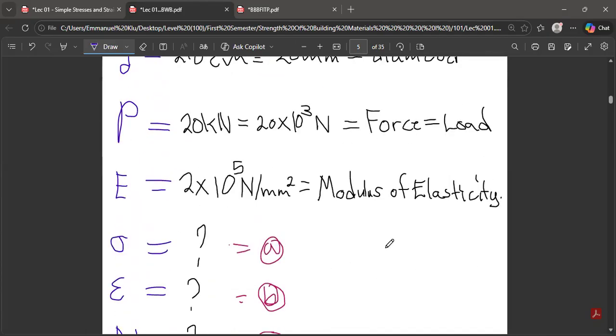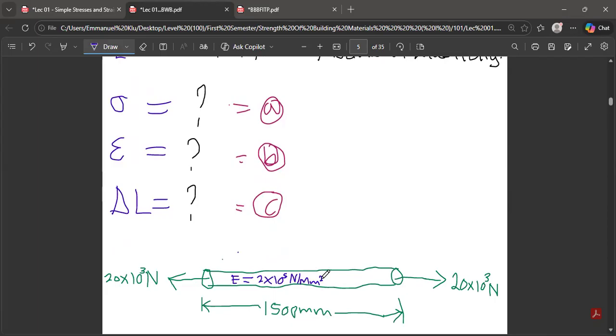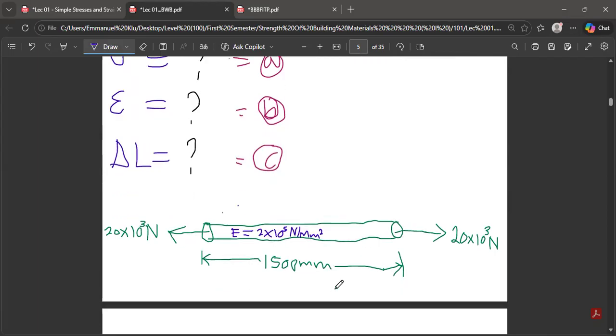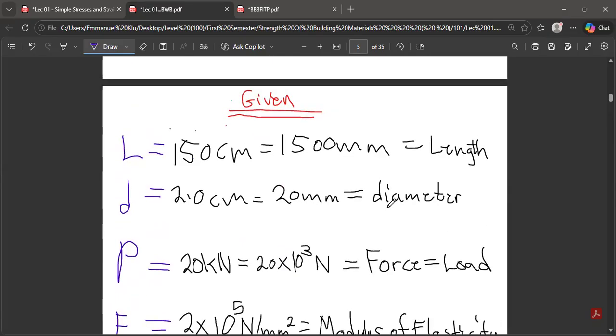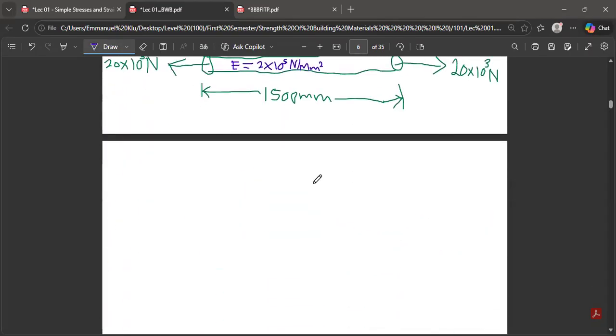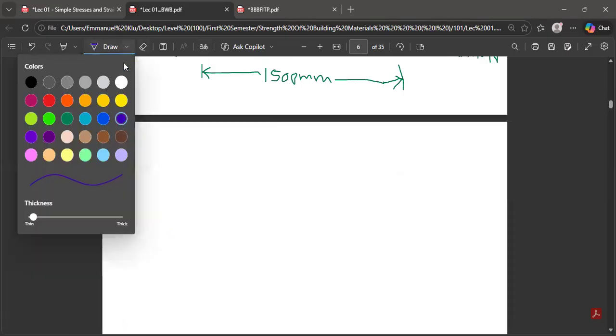Thank you very much. As we are done putting down our diagram, we can proceed. These all attract marks. That's why I always say you can never fail Strength of Materials, because even if you don't know anything, you should be able to write the given. So let's proceed to our solution.